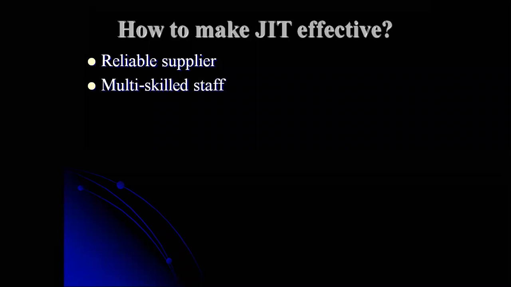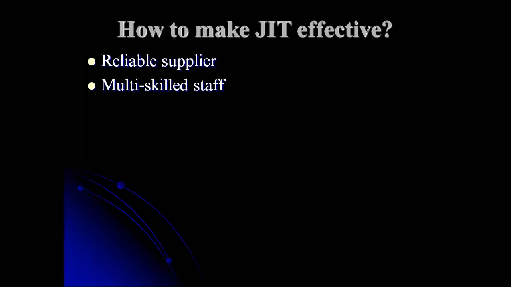Okay. Then we have multi-skilled staff. Again, it's important for the same reason that it happens that some employees get ill or they are absent. Okay. Or they leave the job. So the employees must be multi-skilled for the reason that they must be able to perform the job of other employees as well. Okay, because if employees only know their job only and one post is vacant, either the employee has left the job or maybe the employee is absent for the time being.